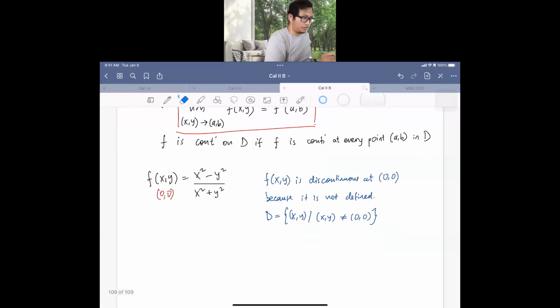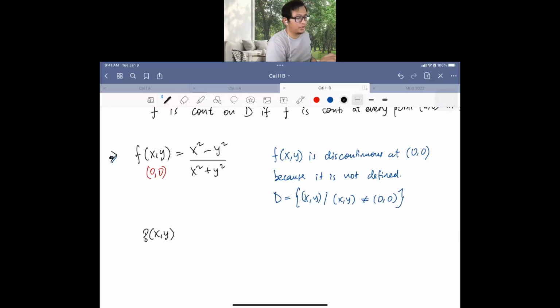But we can also make a piecewise function, if you would like to make the definition of continuity more defined.